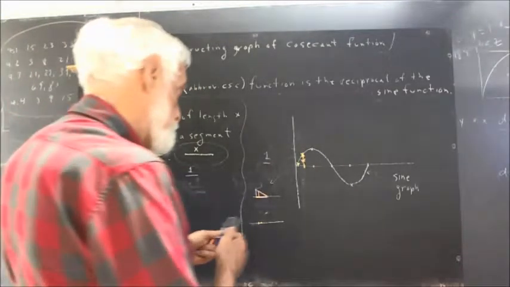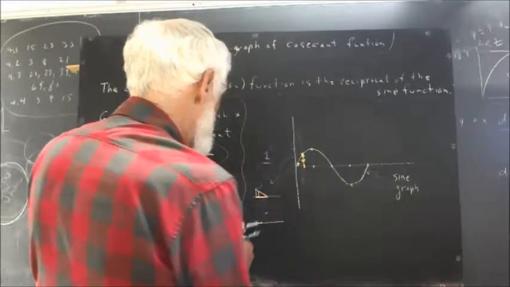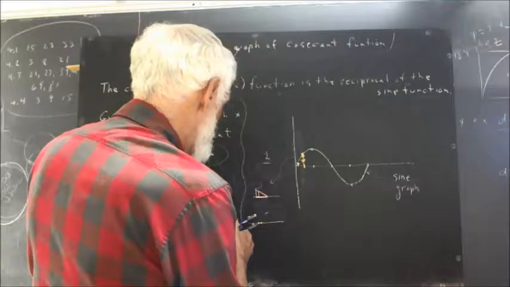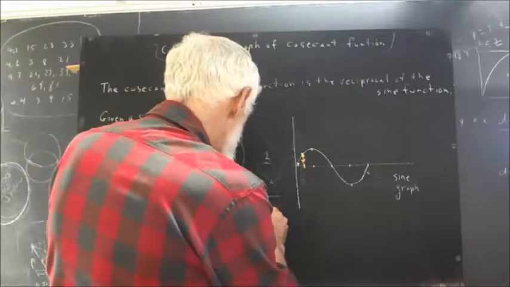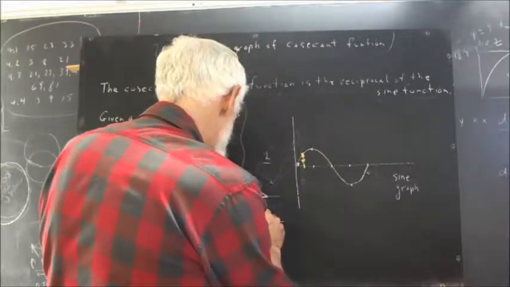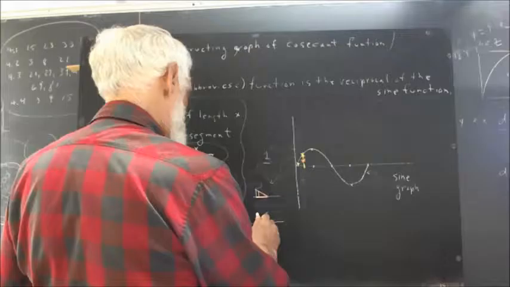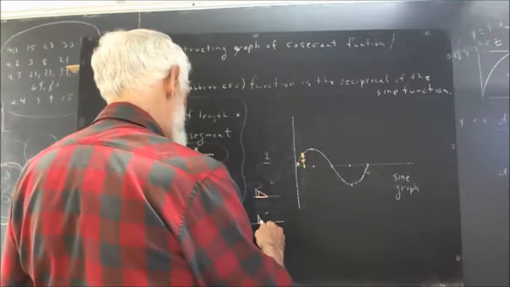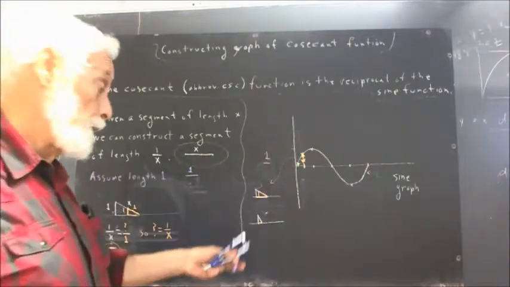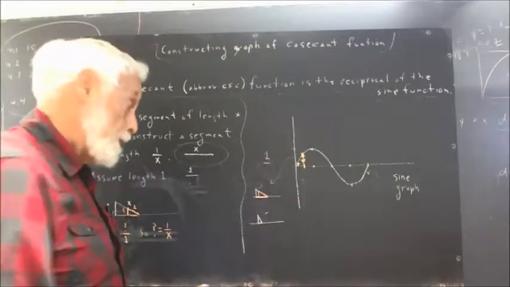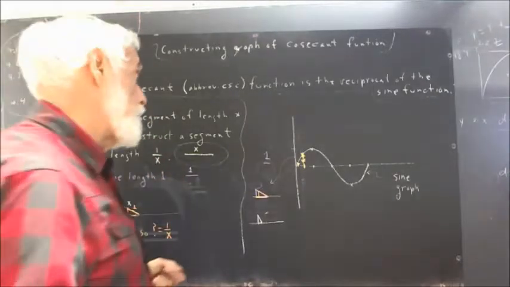Okay, now I want to construct a vertical segment whose length is the unit length. And then I'll construct my hypotenuse. I don't really need the hypotenuse for anything, but I do need the whole triangle, so I do need the hypotenuse as part of the triangle.